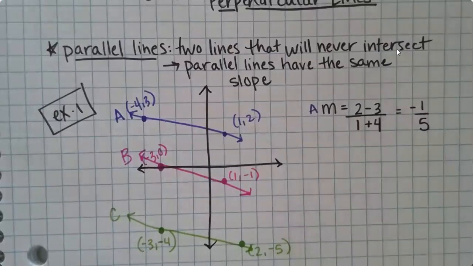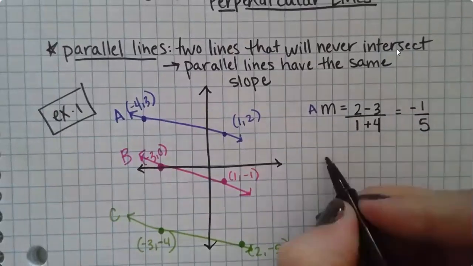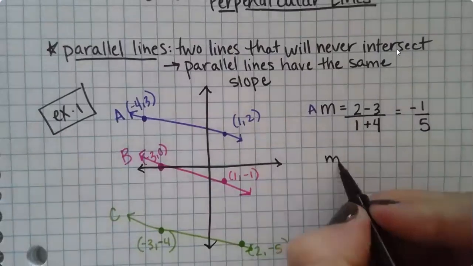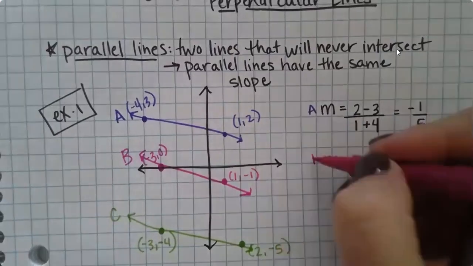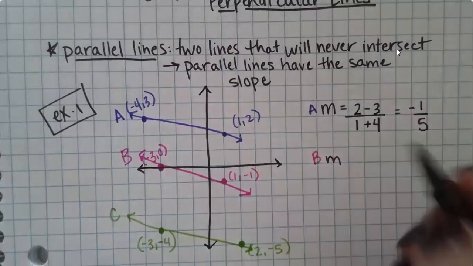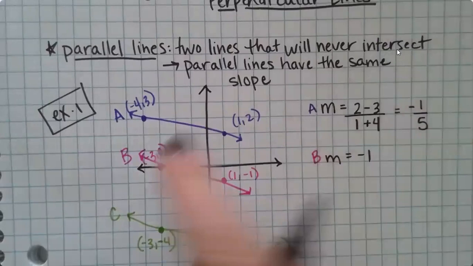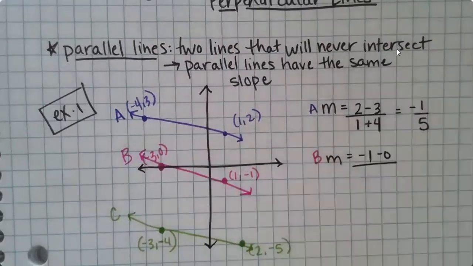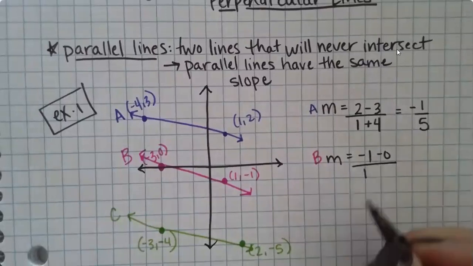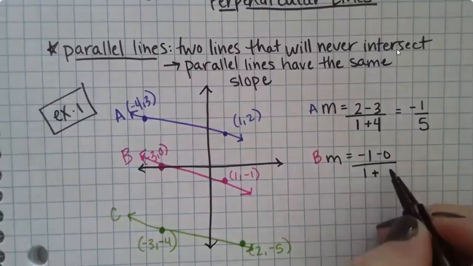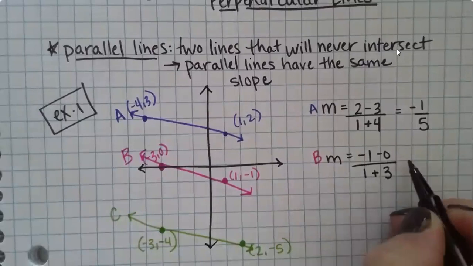Okay, let's do the same thing for line B. Determine its slope using slope formula, y2 minus y1, so -1 minus 0, over x2 minus x1, so 1 plus 3.